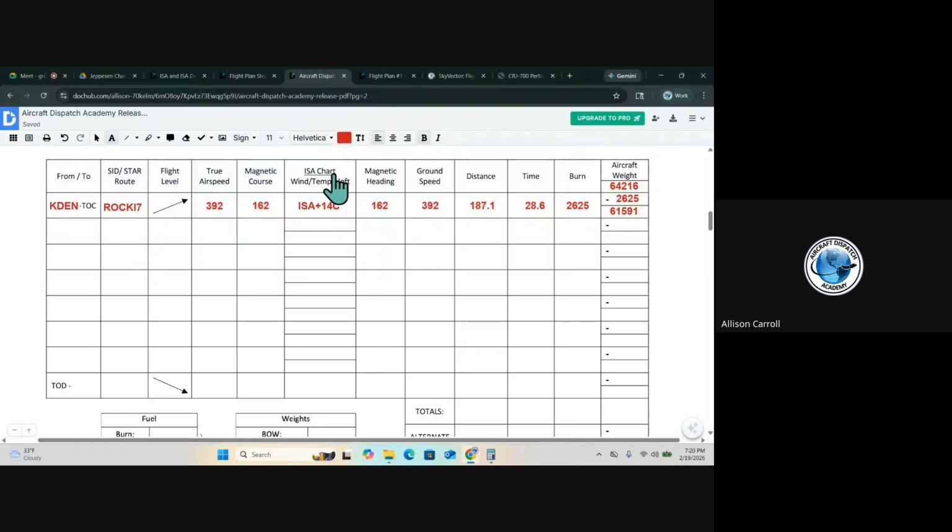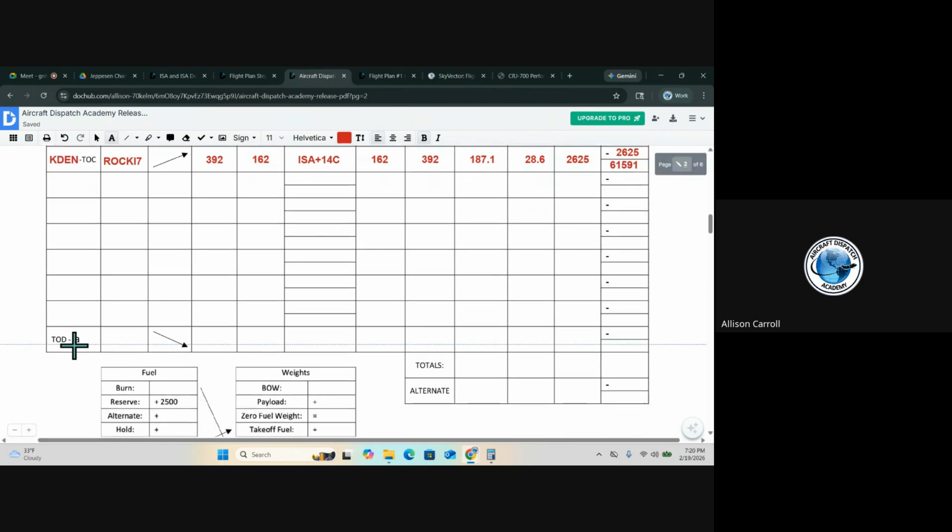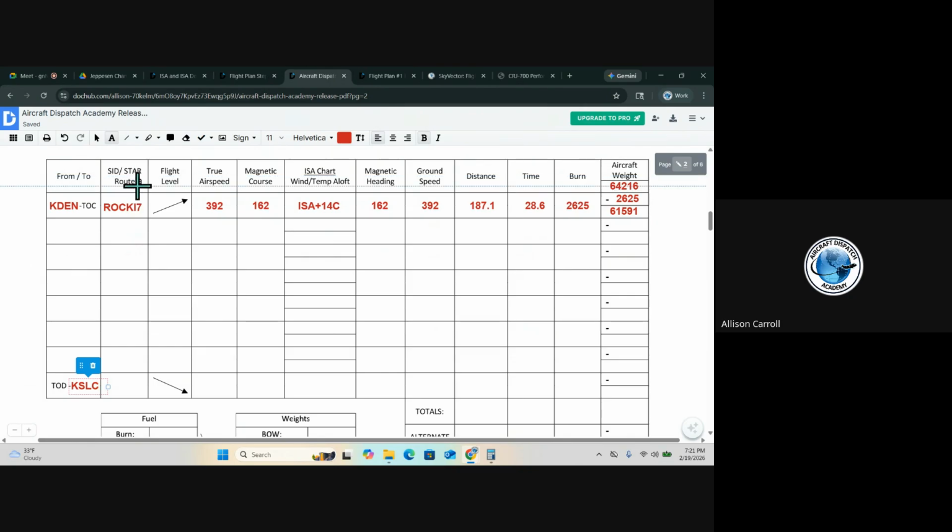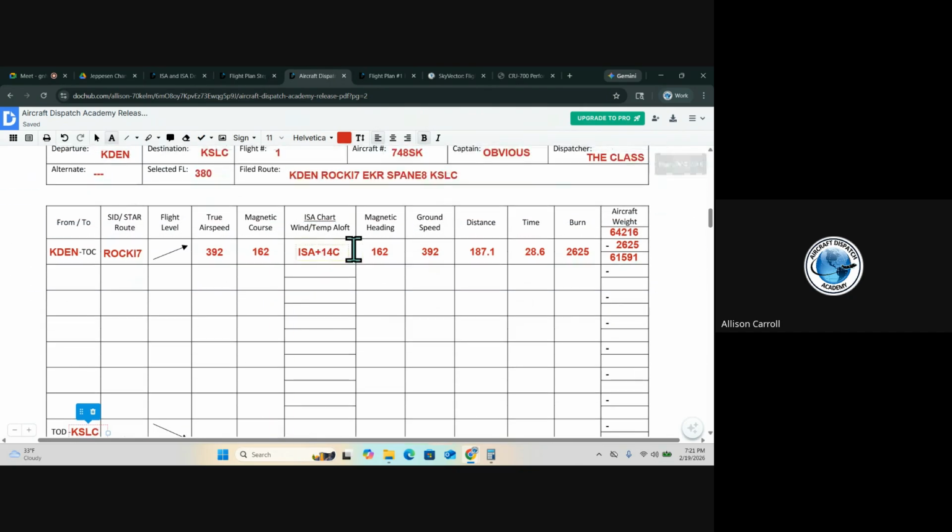All right. Let's do descent. Top of descent, we are coming into KSLC, good old Salt Lake City. Now remember, SID or STAR, we are arriving into Salt Lake on the Spain 8 arrival.